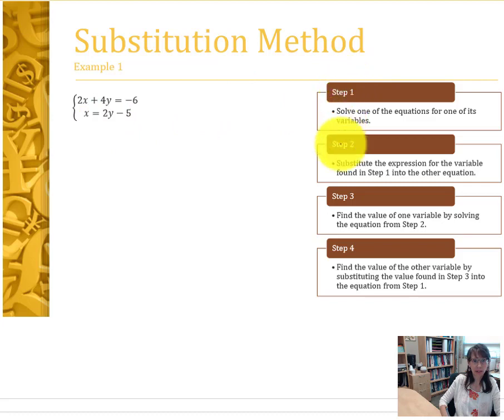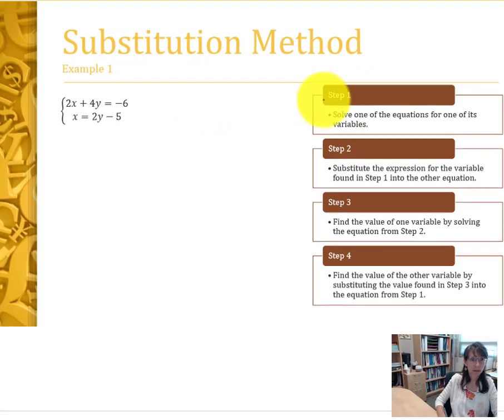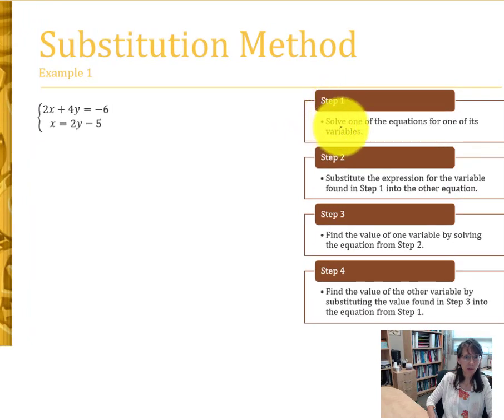So off to the right, I've written some steps to help us get through the substitution process. The first step is to solve one of the equations for one of its variables. That means you either want to rearrange everything to say x equals something or y equals. The second step is to substitute the expression for the variable found in the first step into the other equation.